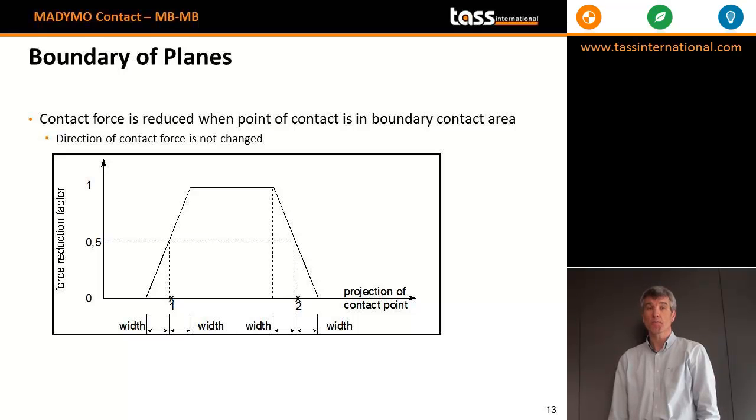If it's on the edge of the plane, the contact force is already reduced to 0.5 of its defined value. And if it's one width outside the plane, the contact will be 0. You can imagine that this makes the contact more robust, less sensitive to noise, but maybe you don't like it to be like this, so it's a user-defined parameter.